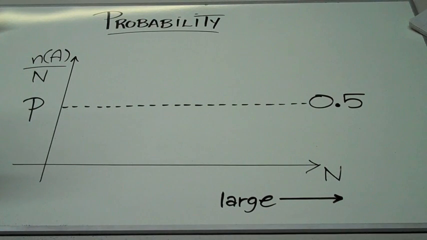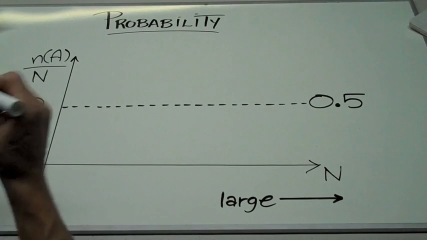But if you do just 3 trials, you could get all tails. Or if you did 12 trials, you could still get all tails or 1 or 2 heads only. But as you go to 1,000, 10,000, 20,000 trials, you would expect our observed number of heads divided by number of trials to approach 50%. And that's what this graph is showing.